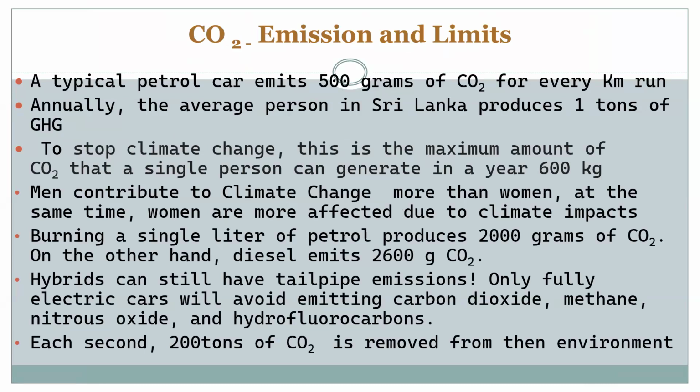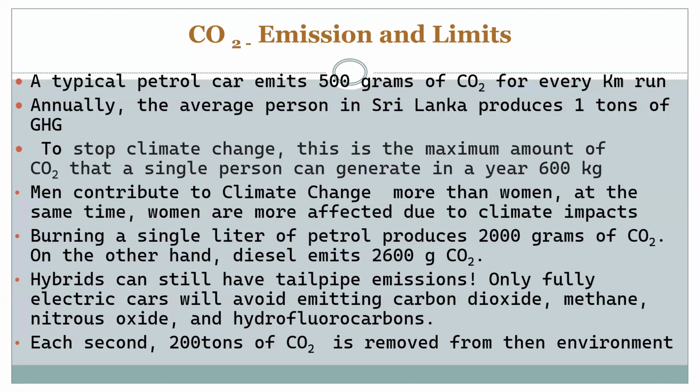A typical petrol car emits 500 grams of CO2 for every kilometer run. So now you can calculate, if you go to a place, how many kilograms of CO2 is emitted.